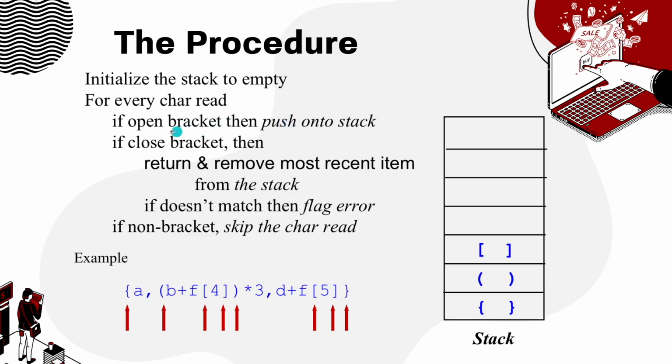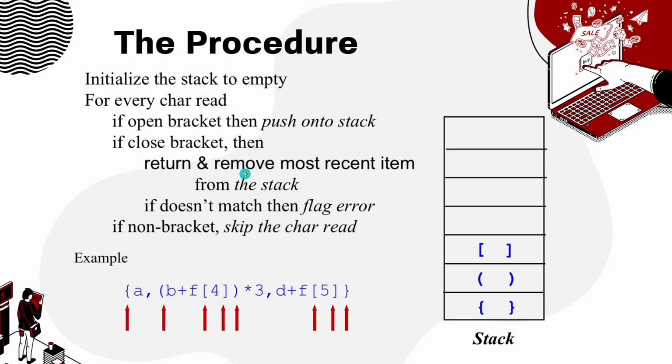So, if it is an open symbol, we will be pushing it onto the stack, and if we encounter a closed bracket in the input expression, then we have to pop an entry from the stack, and check whether the popped bracket is the closing one of the corresponding opening symbol.